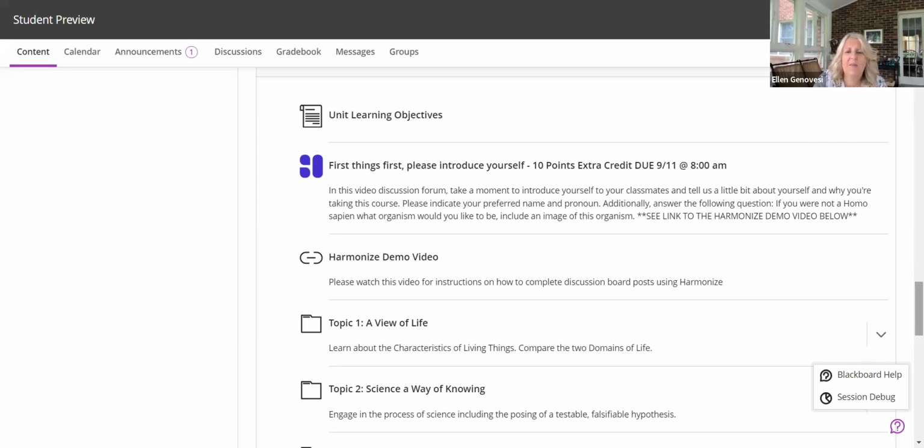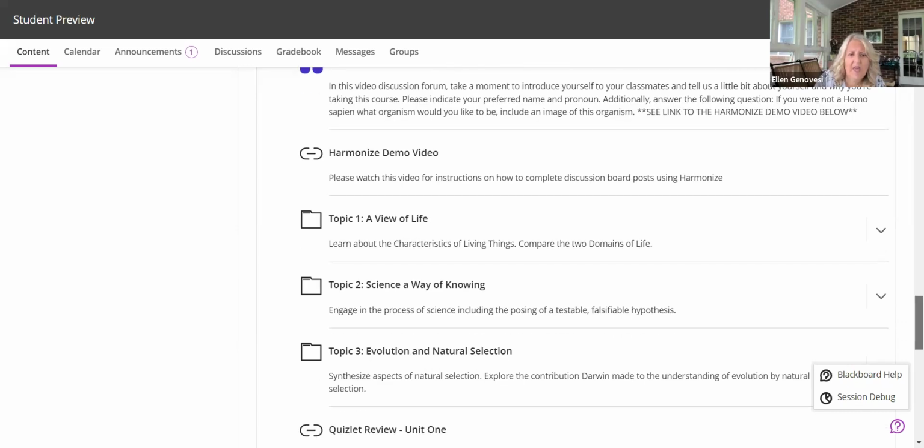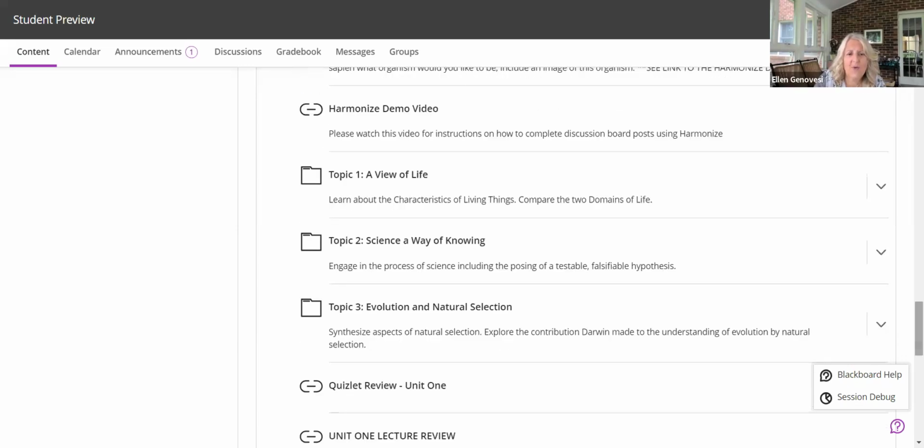You get to include an image of this organism. I have a video link that demonstrates how to use Harmonize, so you can play around with it, and when you're doing something that's actually graded, you know how to use the technology. There are 3 topics inside Unit 1.